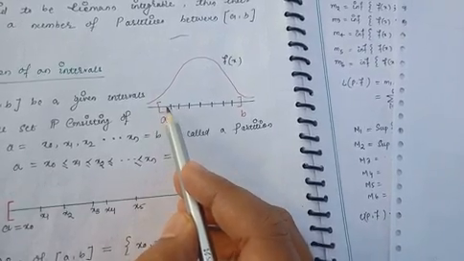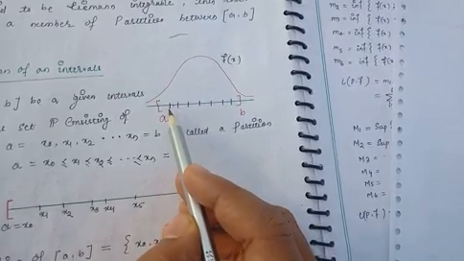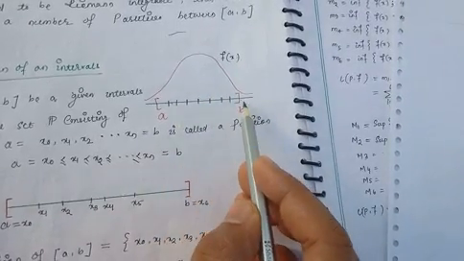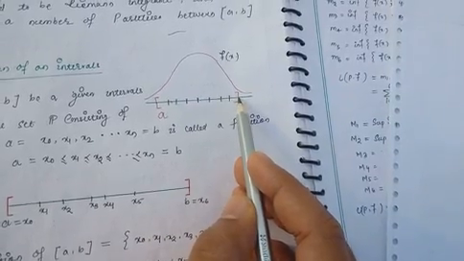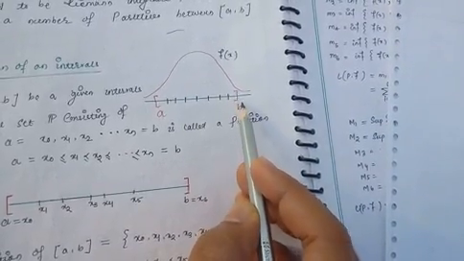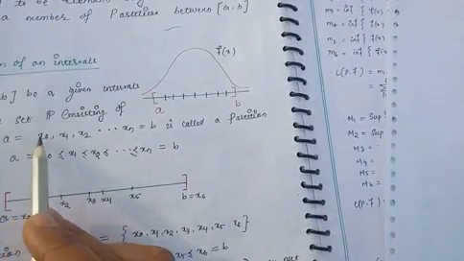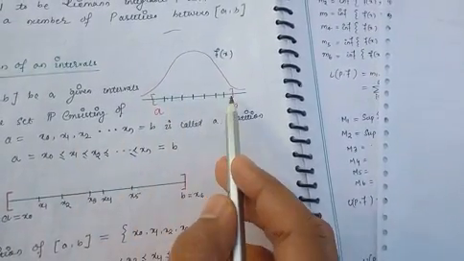The first partition point is x1, the second one is x2, and there is an nth partition, the ending point, which is called xn. So a is equal to x0, and xn is b.